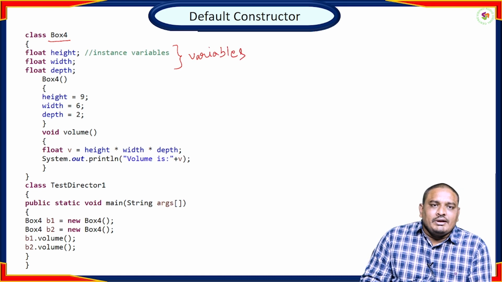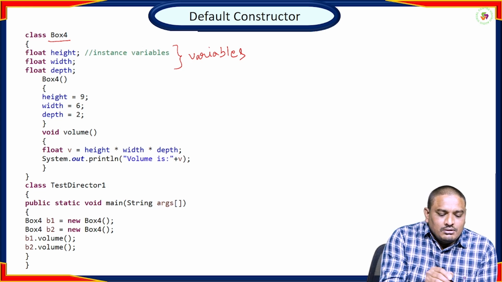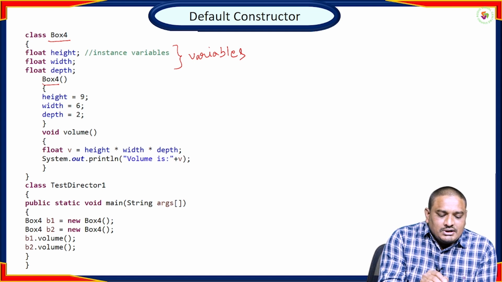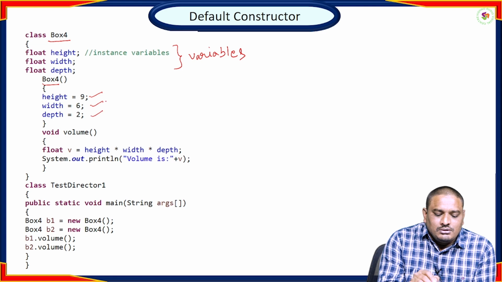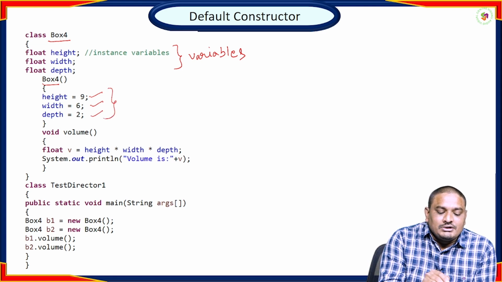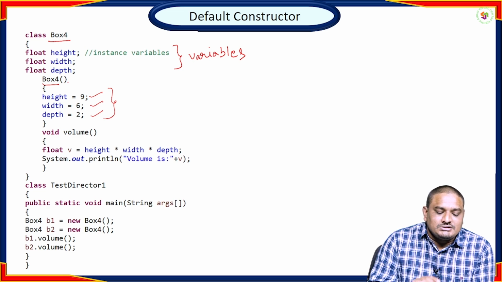Now we are creating the constructor. The constructor name should be the class name; that is the first condition. Box4 is the constructor. In that constructor, we are assigning some values, these three values. There are no parameters passed to the constructor.